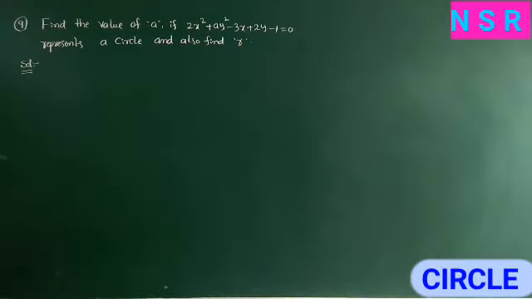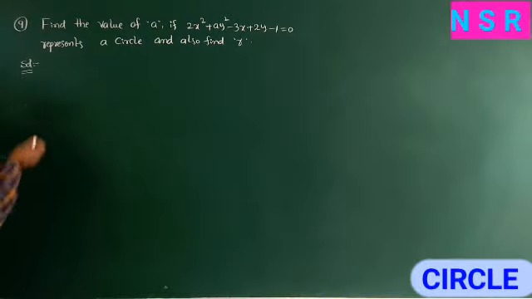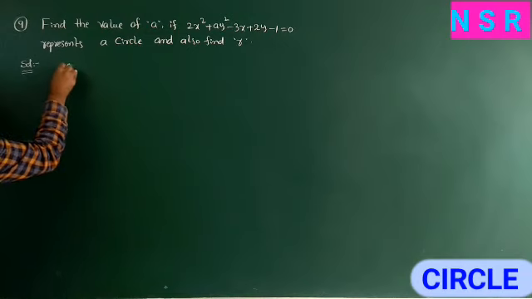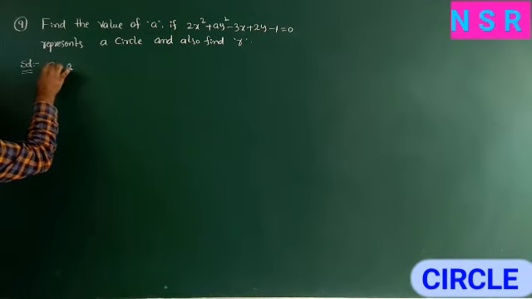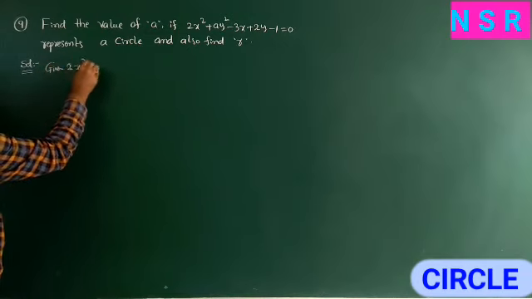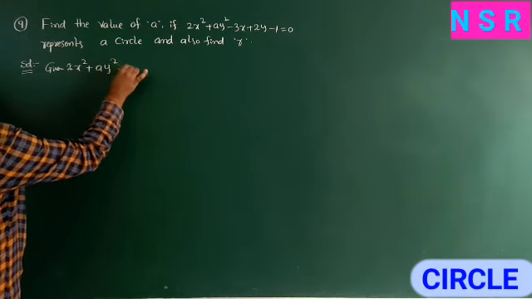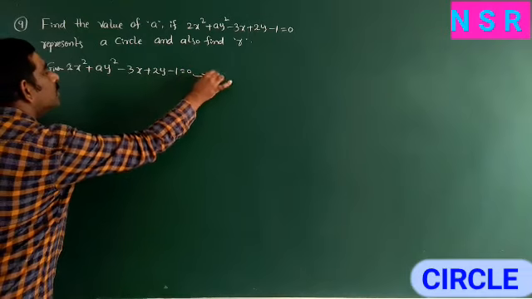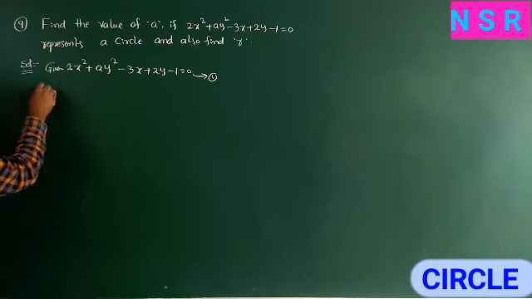So next, question number 9. Find the value of a if we are given the circle equation, it represents a circle, and also find the radius r. Here given 2x square plus ay square minus 3x plus 2y minus 1 equal to 0. Take it as equation number 1.